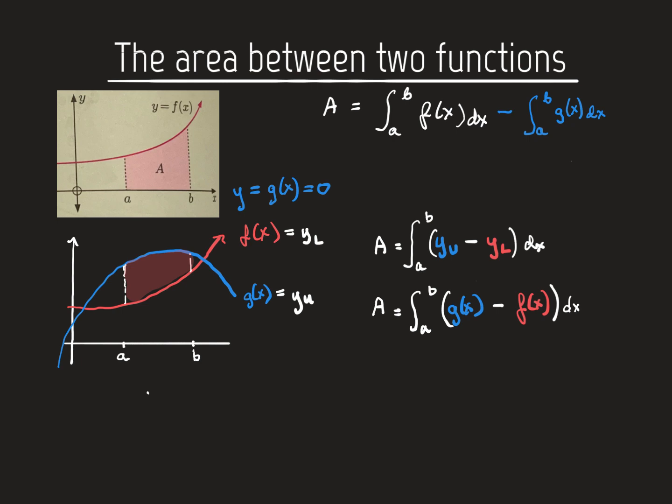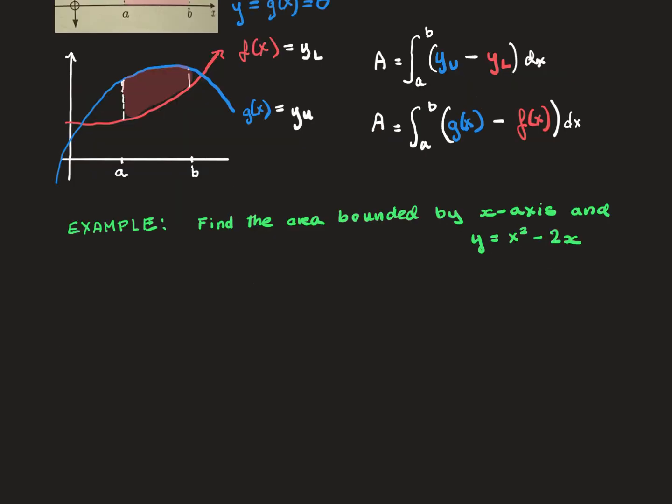I'm going to give you one other example in here. Okay, so to find this area bounded by the x-axis and another function x squared minus 2x, you're going to have to find out where the curve cuts the x-axis.